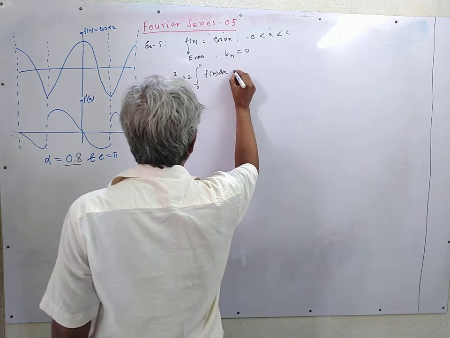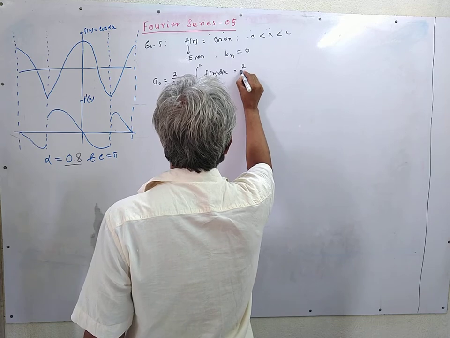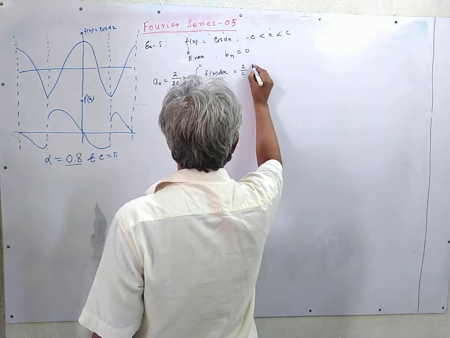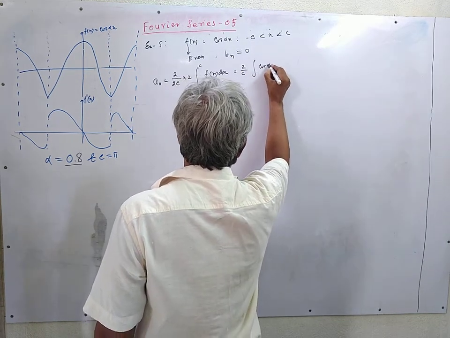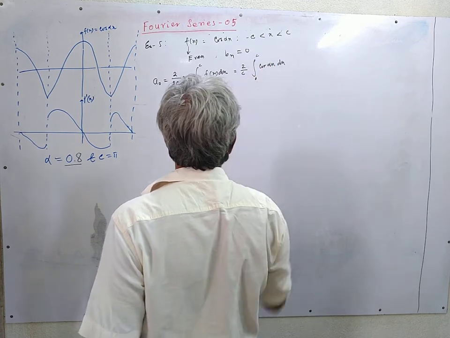So this will come out to be 2 by c integral of cos of alpha x dx from 0 to c.